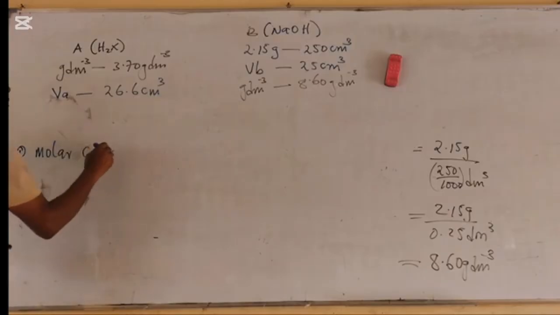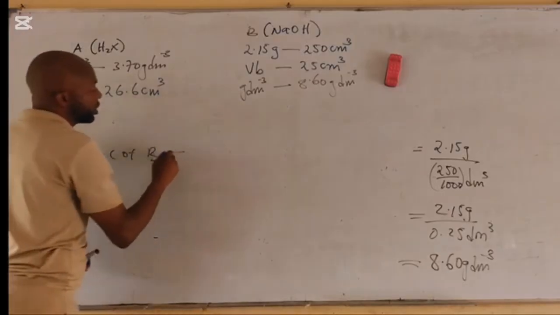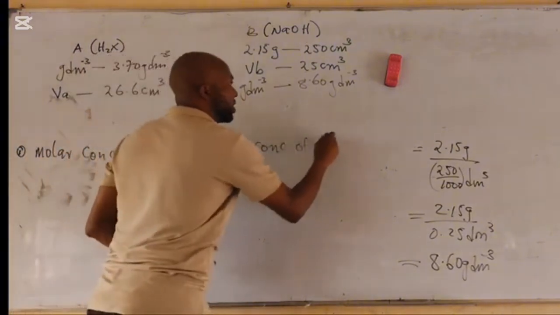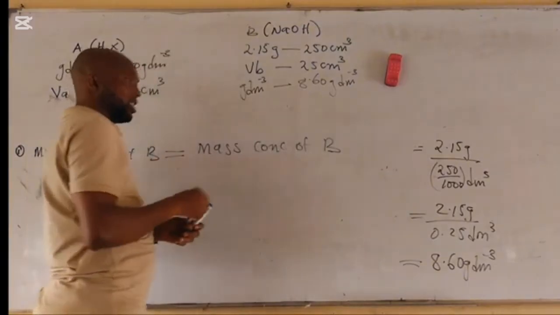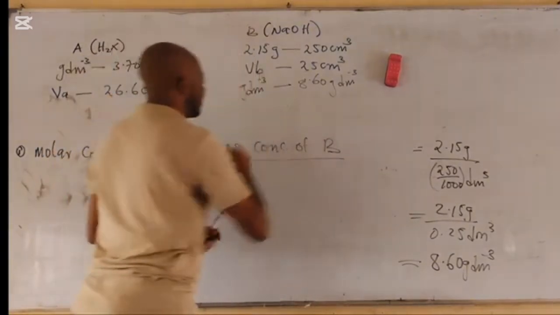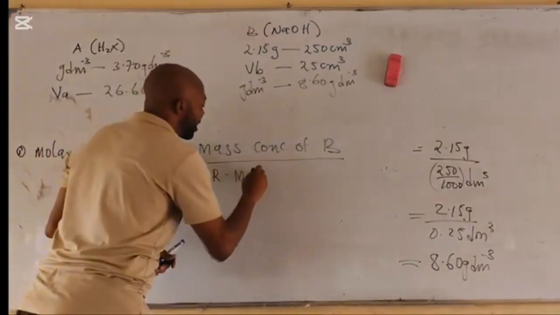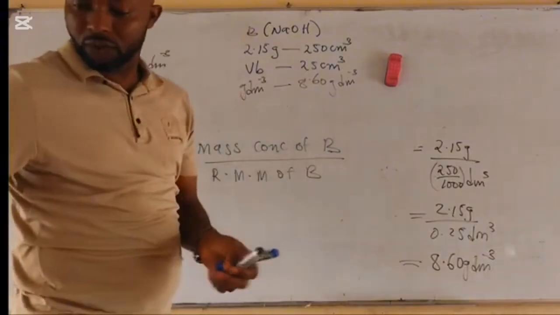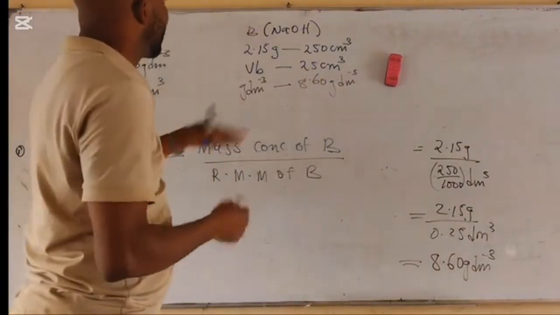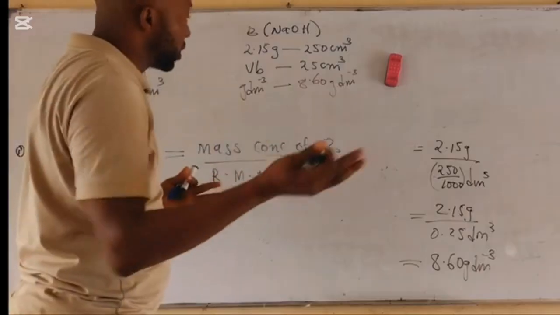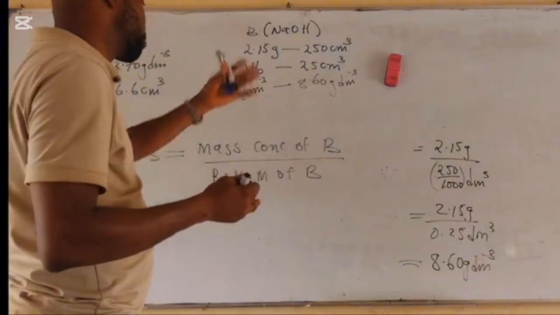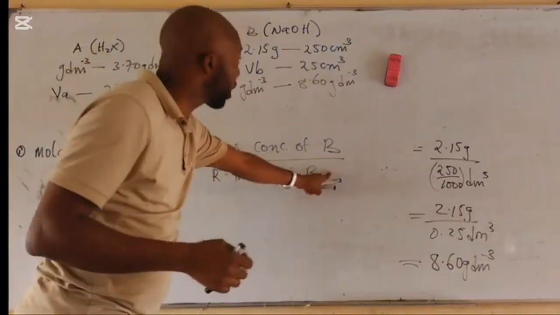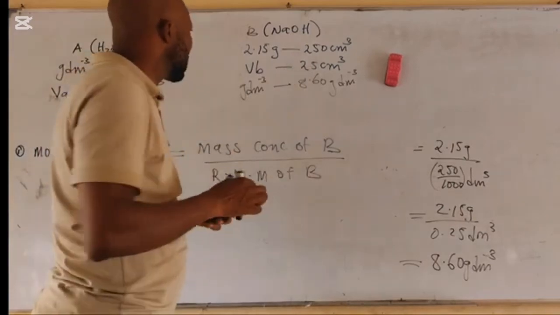Molar concentration of B is equal to mass concentration of B over the relative molecular mass of B. So from here, we're able to understand that the mass concentration can only be gotten, although it wasn't given, but we understand that we can actually derive that, which we have done. And the formula for molar concentration, which is mass concentration over relative molecular mass, now we'll apply. So our mass concentration, we just got that to be 8.6.